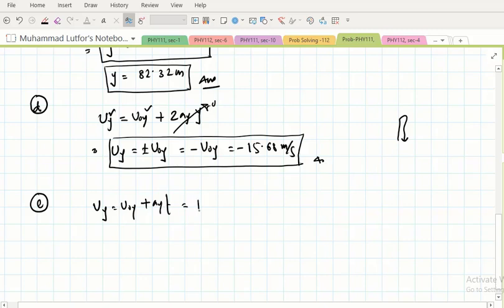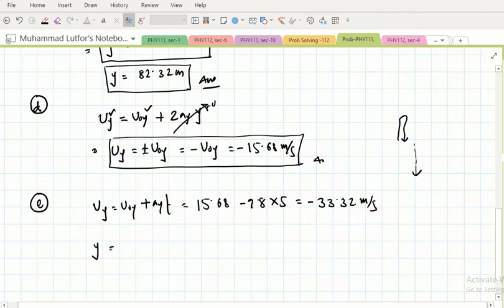I know that v naught y is 15.68, the initial vertical component of the velocity, minus 9.8 into 5. Then this will give you minus 33.32 meter per second. Definitely it will be minus, because in that case it will be towards the downward direction.